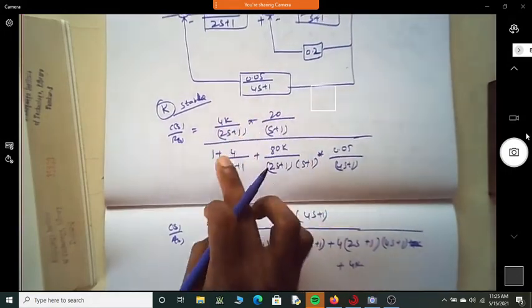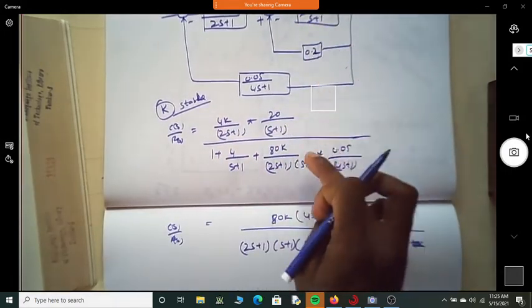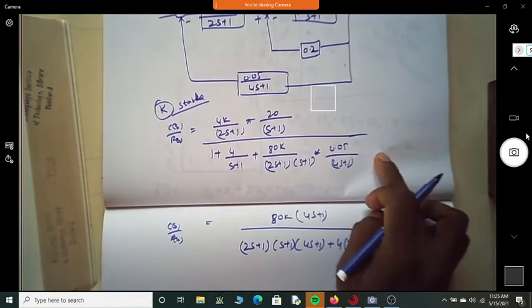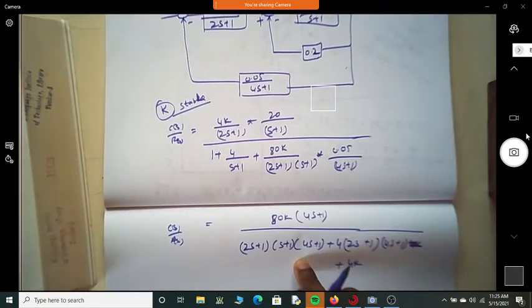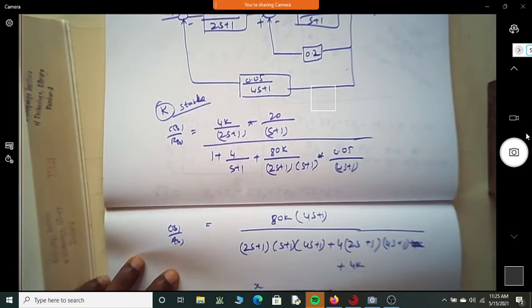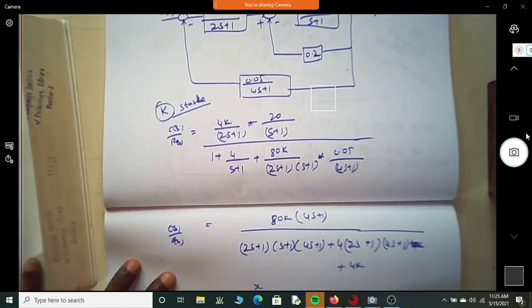This is what is P1. 1 plus one of the loop, second loop. Of course, both the loops are touching each other. There is no product of it. Now you are trying to simplify that. Then you'll get this x by some value by 1 plus g of s into h of s. Am I correct? You get it in the form of s power n plus s power so on so.